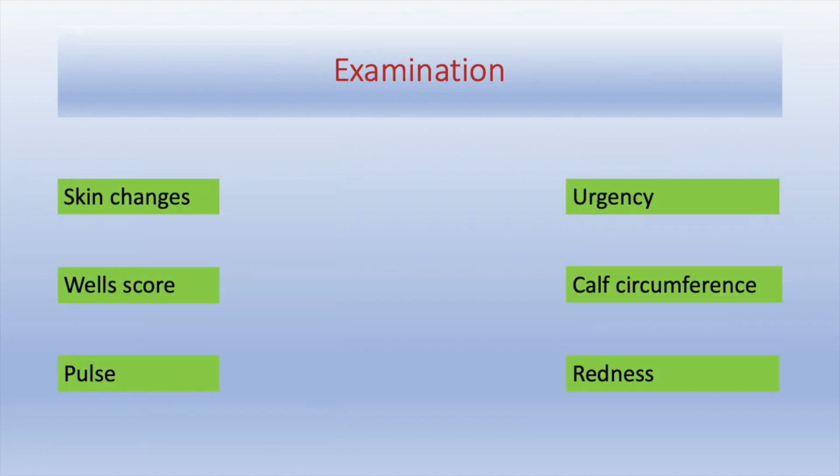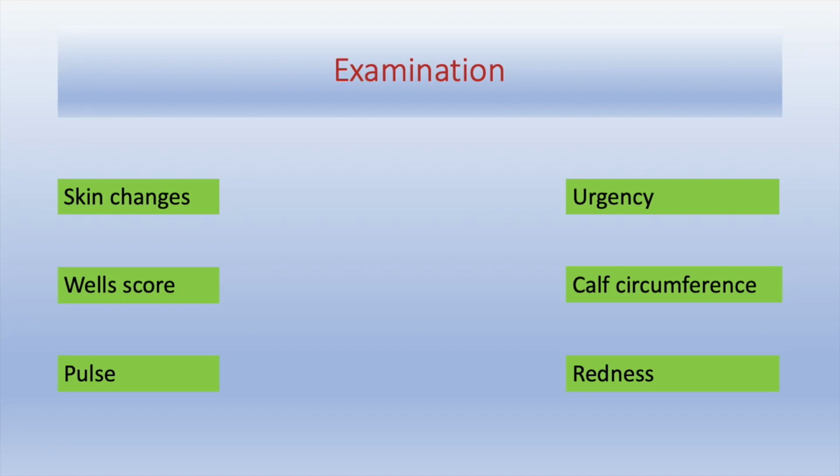So when somebody presents with edema, check for any skin changes. Compare it to the other side if it's unilateral. Check if the skin is looking glossy, if it's looking red. Look for the Wells score, which we will discuss in the next slide.